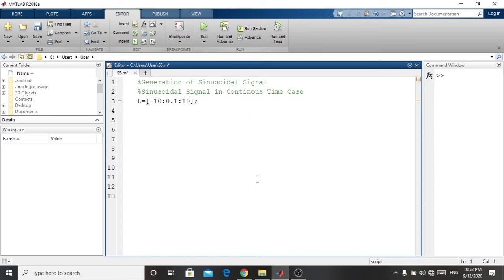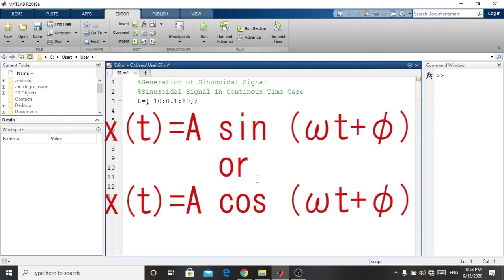The representation of a sinusoidal signal in continuous time domain is x of t is equal to A sine omega t plus phi or A cos omega t plus phi, where A is the amplitude, omega is the angular frequency in radians per second, and phi is the phase angle in radians.